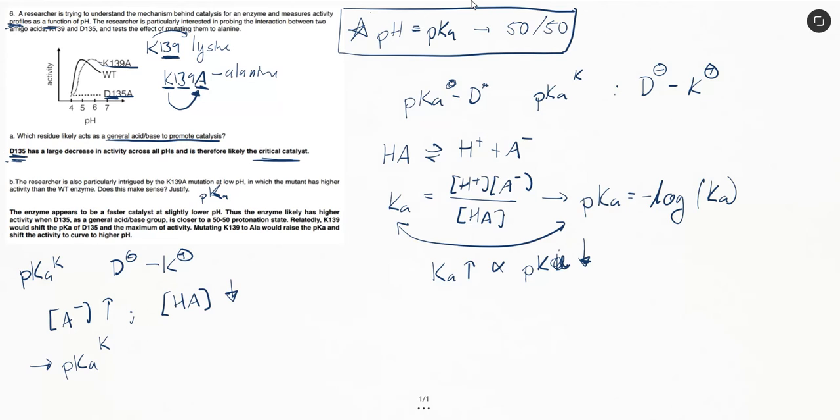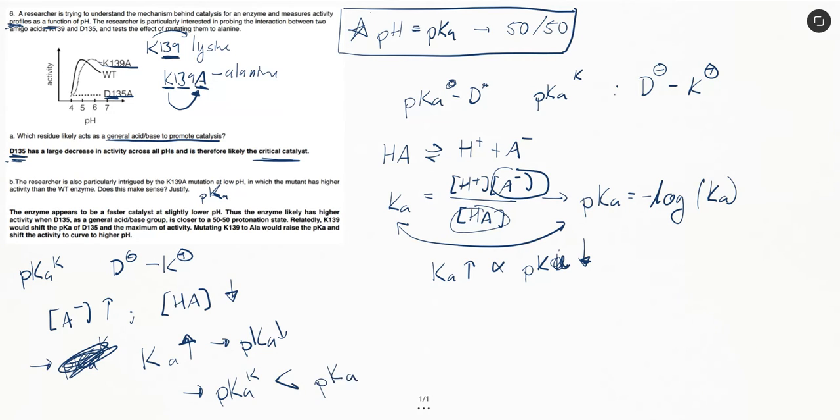So from this interaction, we see that Ka increases, right? Because there's more A minuses and less HA, and therefore pKa should decrease. So from there, we can say that pKa K should thus be less than the pKa naught of just aspartate by itself.